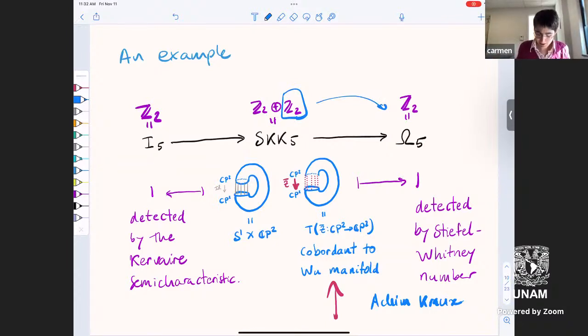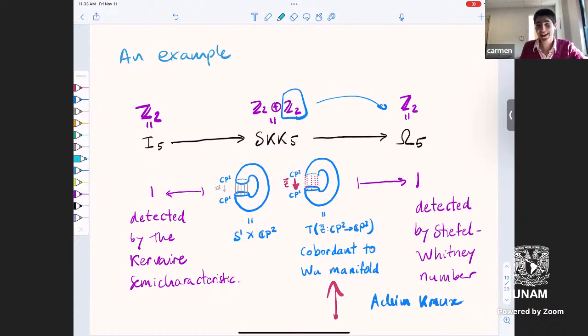What about the other Z2? Well, the other Z2 is just the trivial mapping torus. So it's going to be again CP2 cross I, but now the gluing is done via the identity. So that's just a trivial mapping torus. That is just S1 cross CP2.